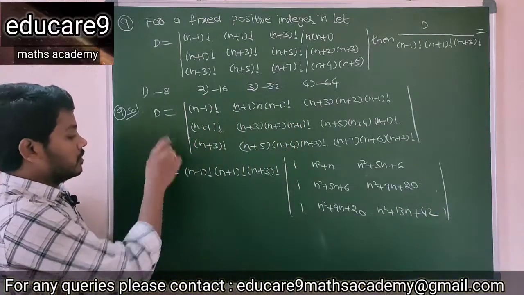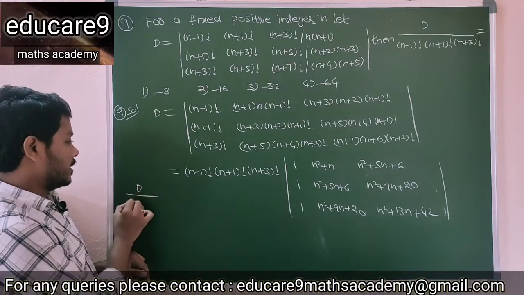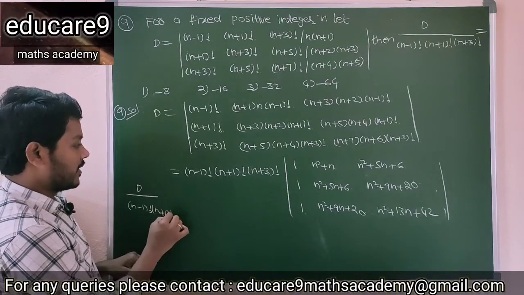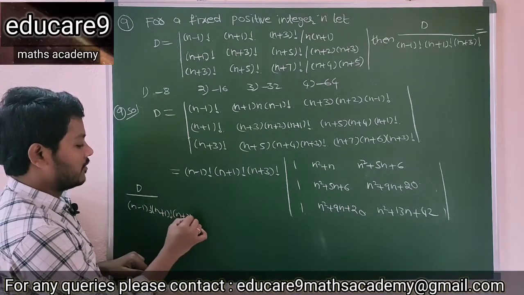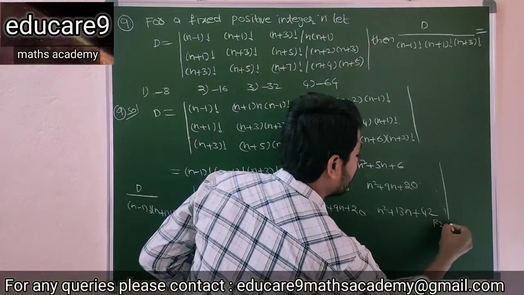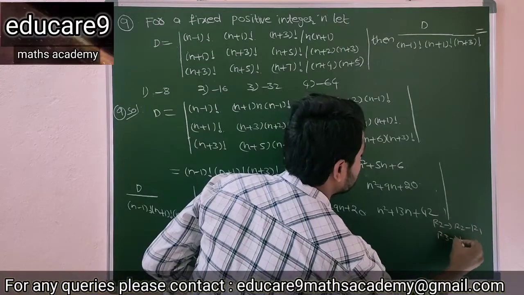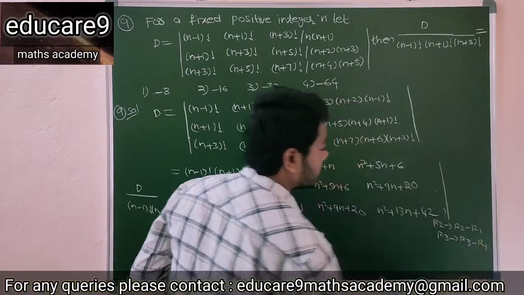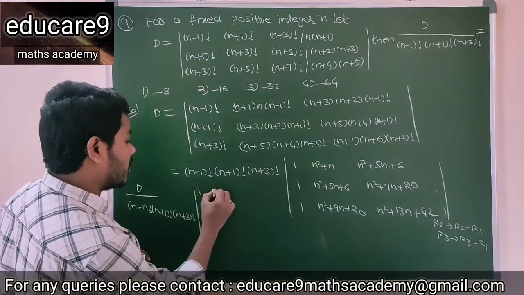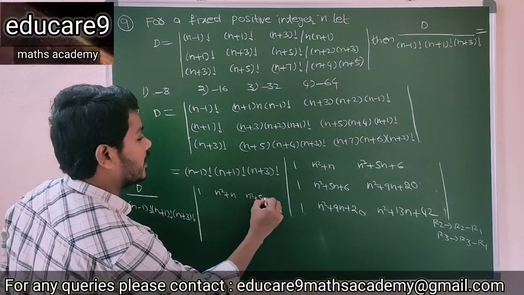Now, take the left side, this becomes delta by (n-1) factorial, (n+1) factorial, (n+3) factorial. So see here, do R2 implies R2 minus R1 and R3 implies R3 minus R2. So what you get? 1, n square plus n, square plus 5n plus 6.